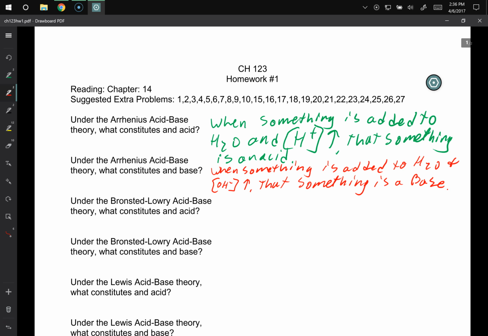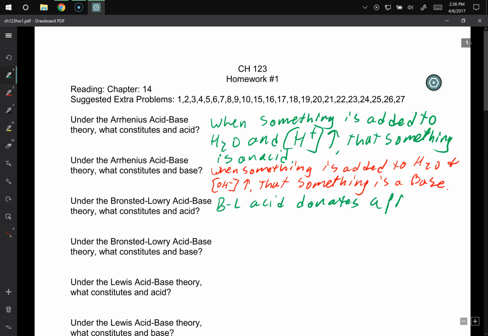What about the Bronsted-Lowry acids? They specifically say proton.